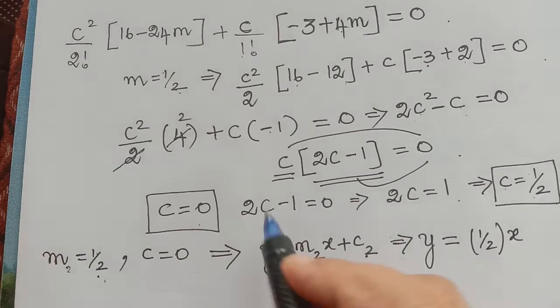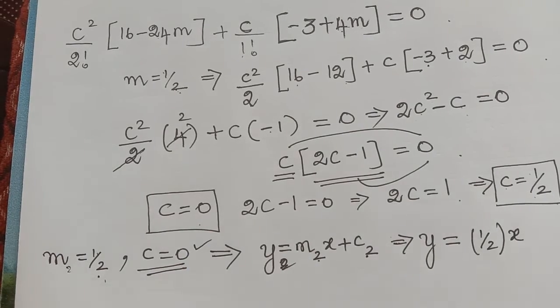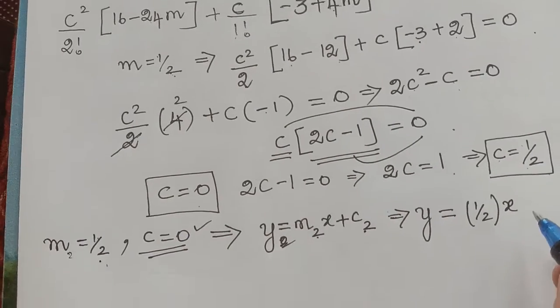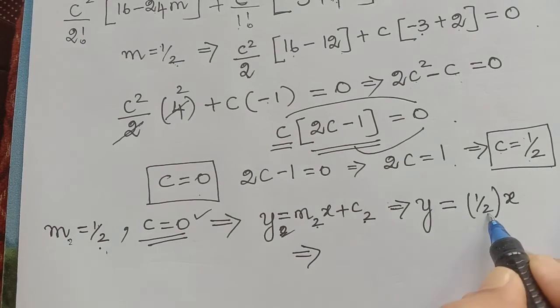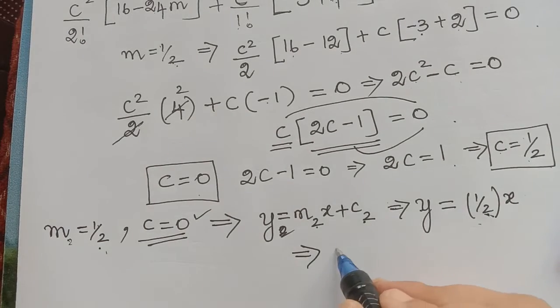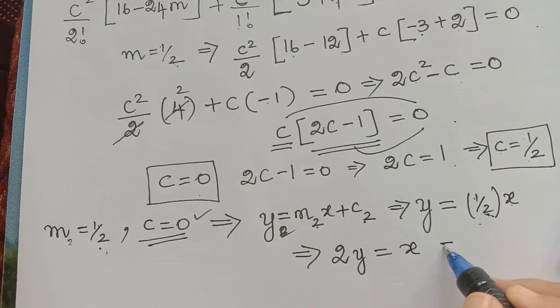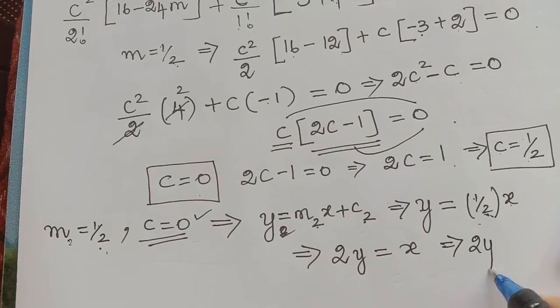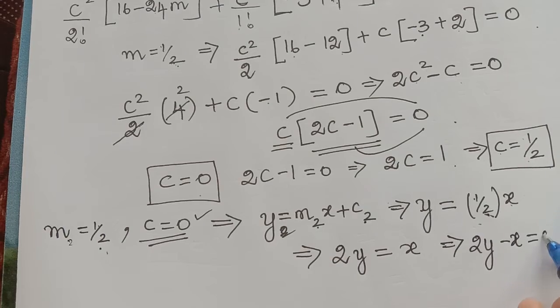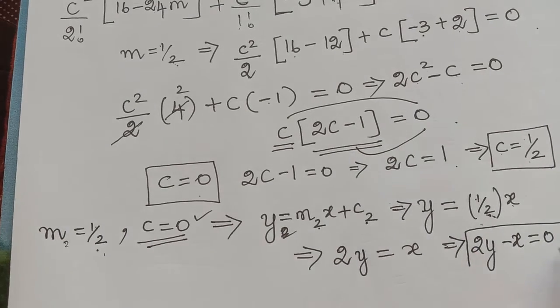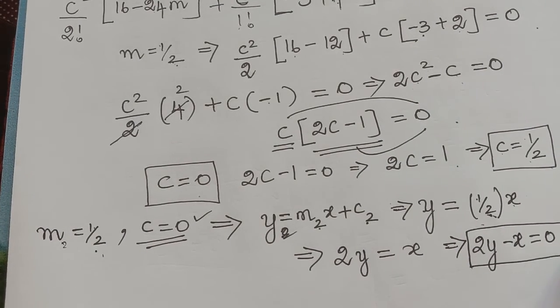But c over here is 0, so that will not be there. Taking this 2 to the left, we get 2y equal to x, and therefore 2y minus x equal to 0 is the second asymptote.